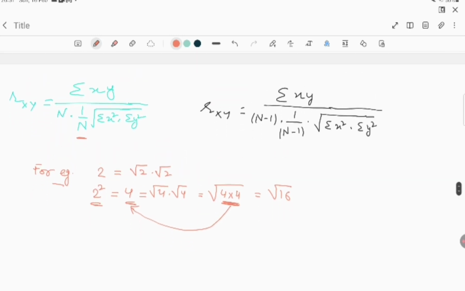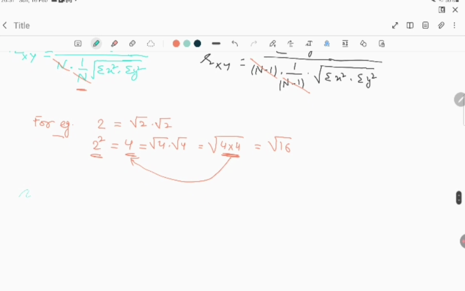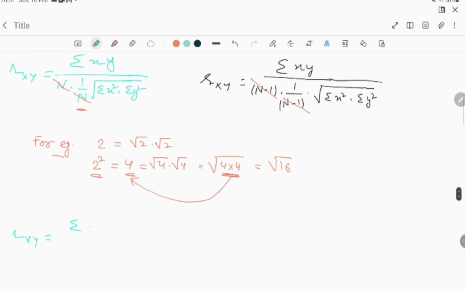So here we can cancel out n by n, or n minus 1 divided by n minus 1. Now r xy is equal to summation small xy divided by the square root of summation x squared into summation y squared.